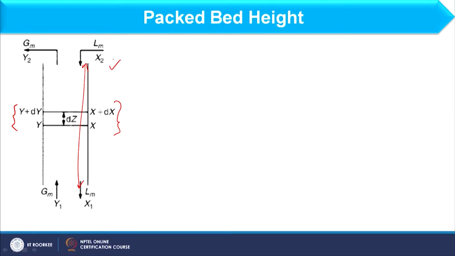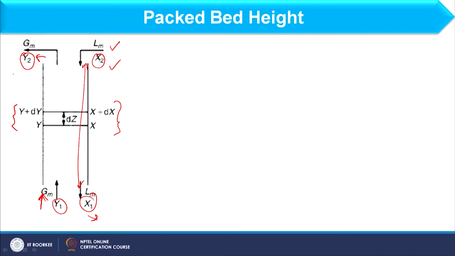Usually we have countercurrent movement of liquid and gas. So, liquid enters from the top and exits from the bottom. Similarly, the gas phase enters from the bottom and exits from the top, right. So, the corresponding concentrations can be considered in the gas as well as liquid phases.